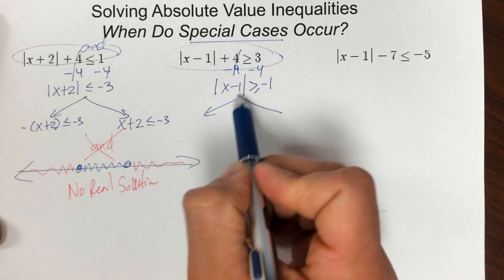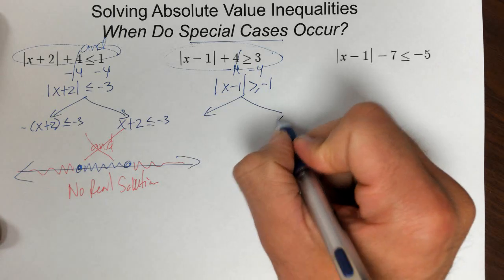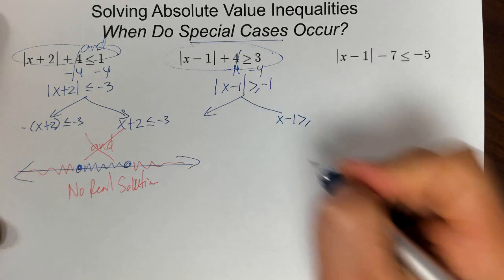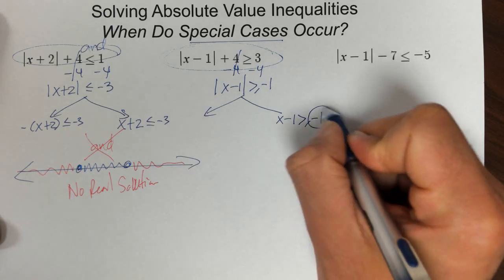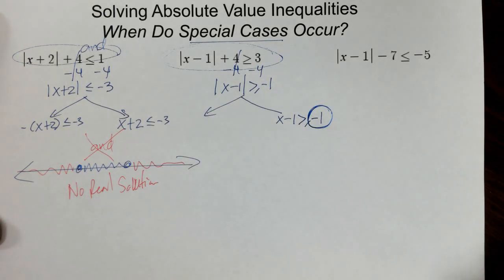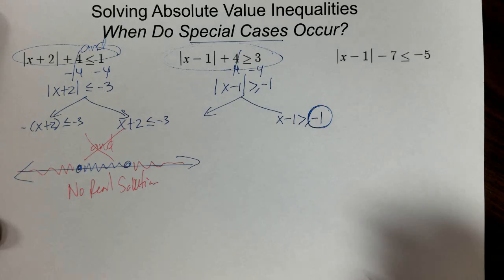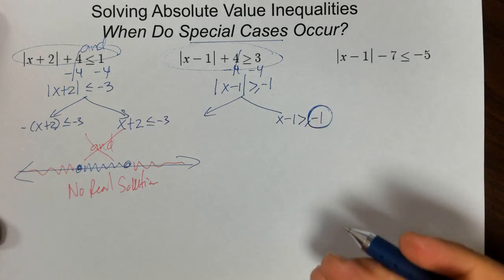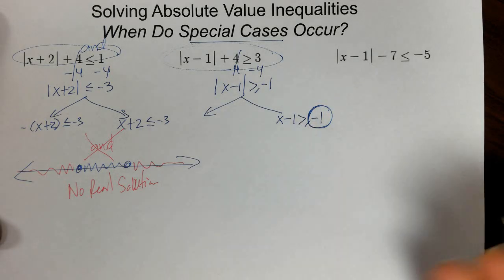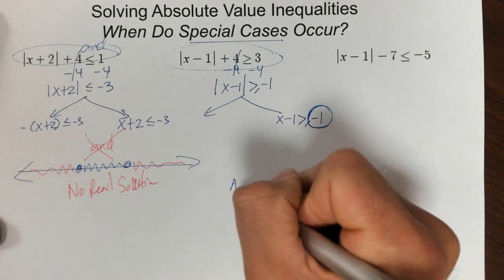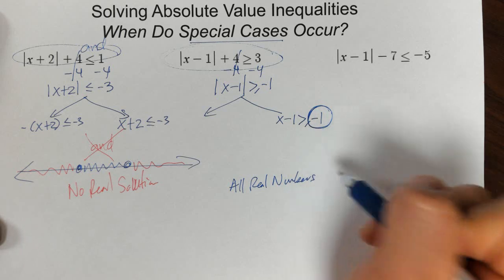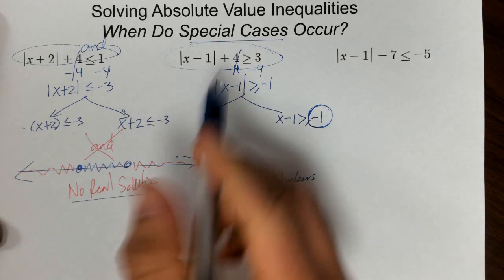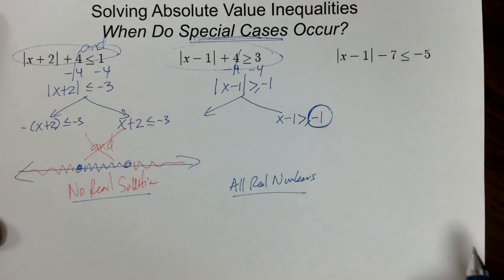But when I isolate this and remove the absolute value from the equation or the inequality and it equals a negative, that's when I know it's going to be a special case. And as you solve the problem, it will tell you what type of special case. Is it no real solution or all real numbers? It's going to be one of the two for my special cases.